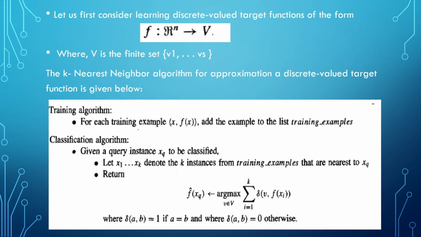So let us first consider learning a discrete valued target function of the form f: Rn to V. This is a discrete valued target function where V is the finite set {v1, ..., vs}. Suppose we want to find an approximation for a discrete valued target function, then we will use this k-nearest neighbor algorithm.